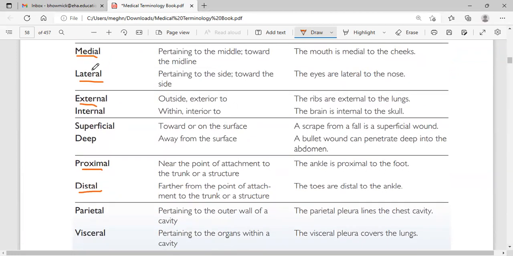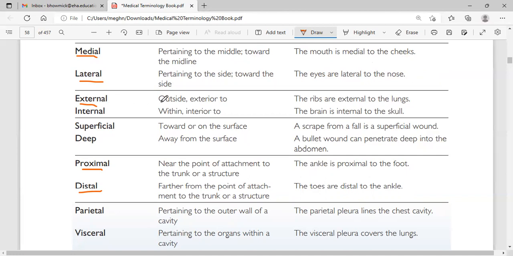Medial, lateral. Medial means pertaining to the middle, towards the midline. So the mouth is medial to the cheeks. Lateral means pertaining to the side, towards the side. The eyes are lateral to the nose. External, internal.